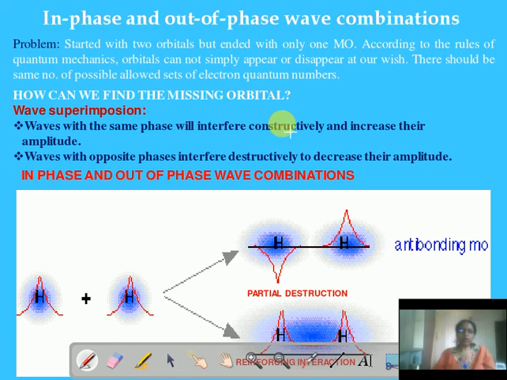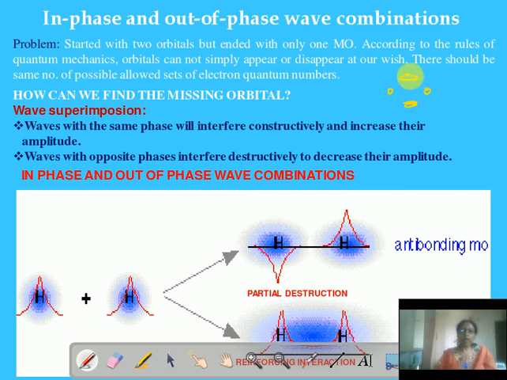So there should be the same number of possible allowed sets of electron quantum numbers. What is the meaning of that? If we combine two atomic orbitals to form MOs, then we will end up forming two molecular orbitals, not only one. That is the basic concept.